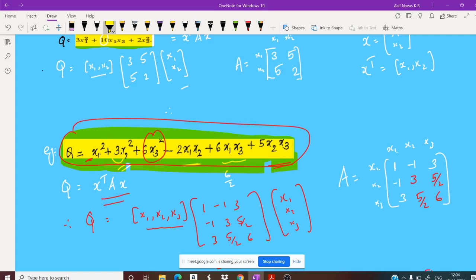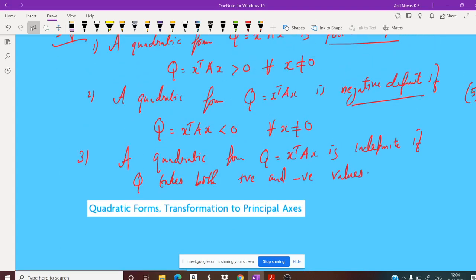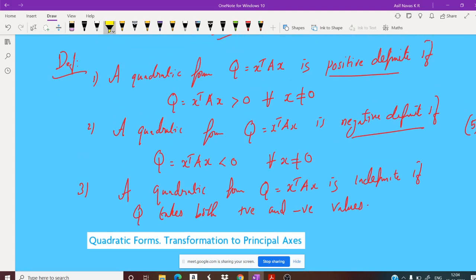So for that we will define the principal axis theorem. Our aim is to check whether this quadratic form is positive definite, indefinite, negative definite, positive semi-definite, or negative semi-definite. So for that we will change this quadratic form into another, simpler axis, so that we can easily find out which it is.